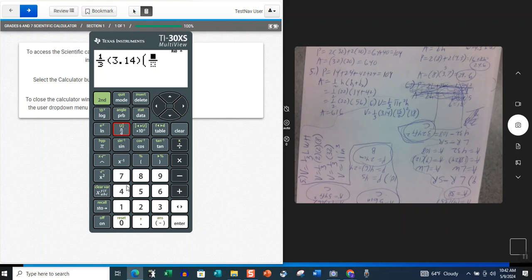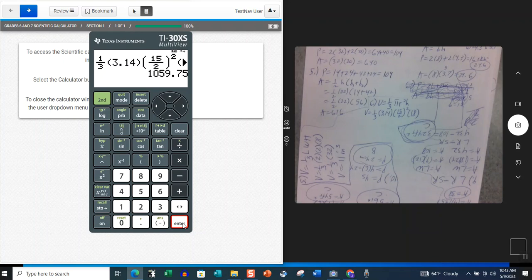We hit N/D, 15, down arrow, 2, right arrow. Oh, I made a mistake and pressed the parenthesis. It was supposed to be right arrow, then the parenthesis, then the square button, and then open parenthesis 18, close your parenthesis, press enter.